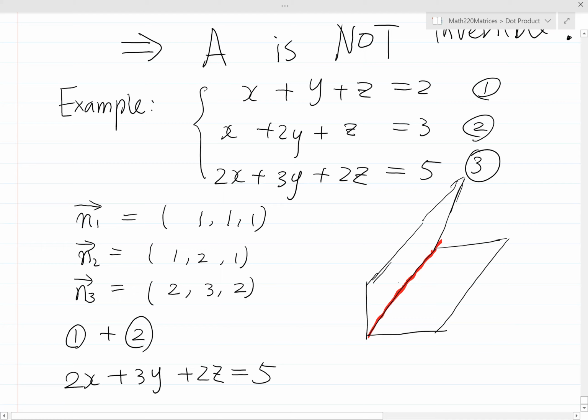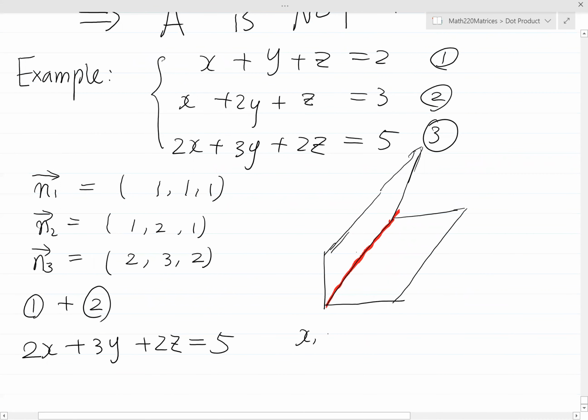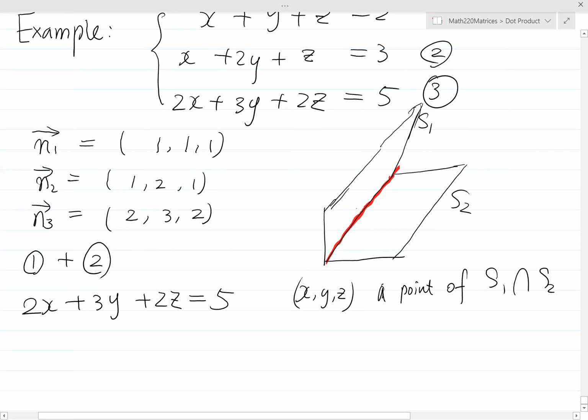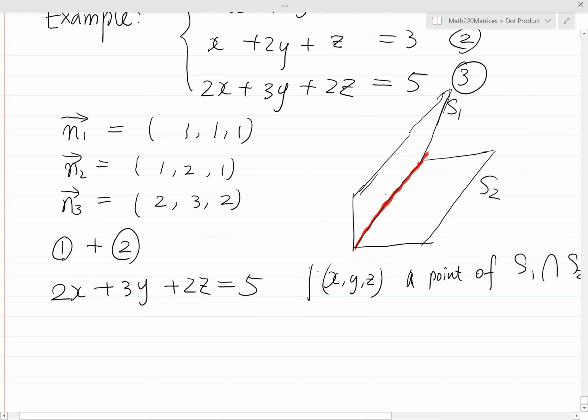So this means the intersection XYZ, a point of S1 intersect S2. Suppose this is the plane S1, and this is S2, okay? So the intersection is a point XYZ, so P. Which means P satisfies equation 3.